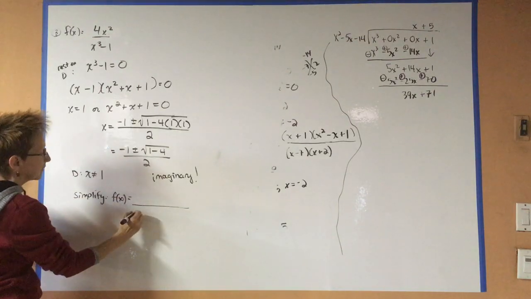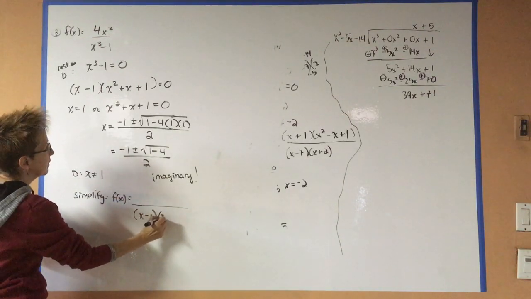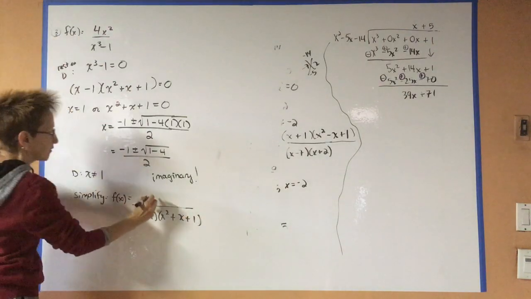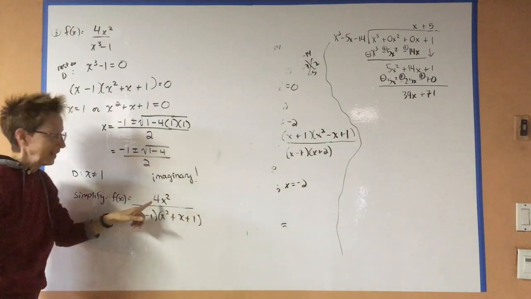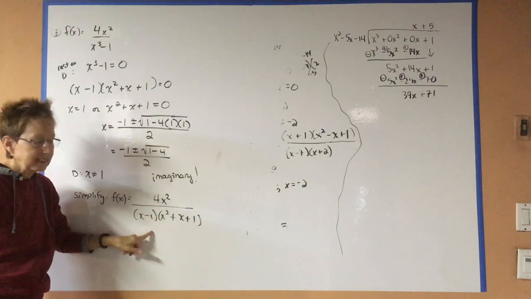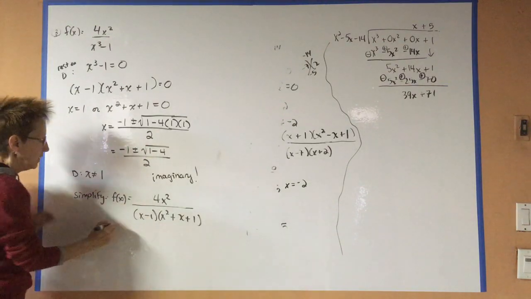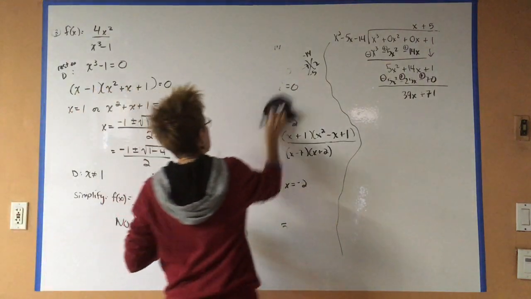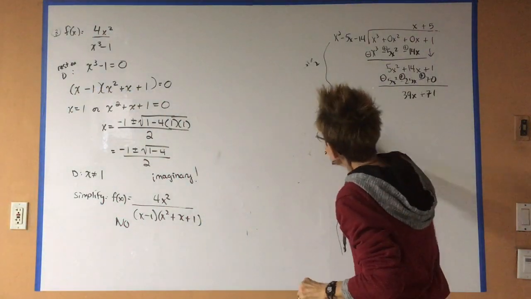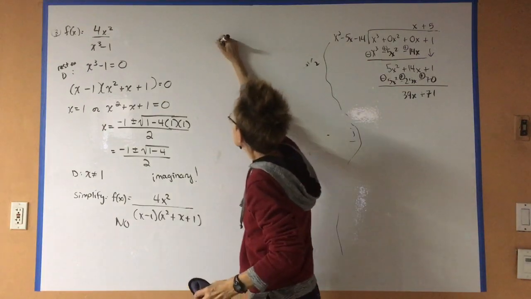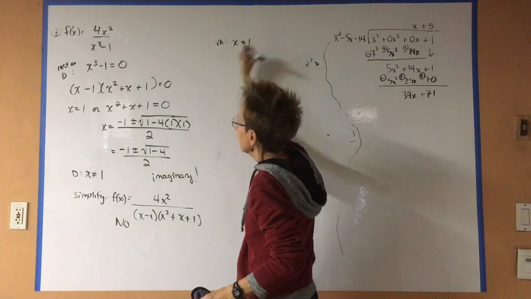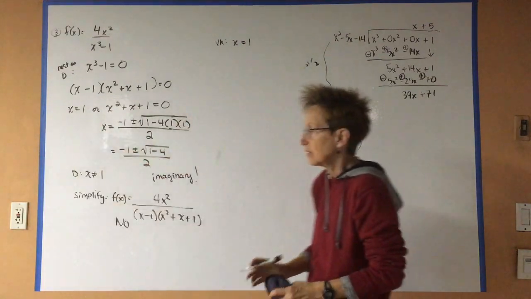We were able to factor the denominator into x minus 1, x squared plus x plus 1. The numerator is just 4x squared. There's nothing I can do to factor that. Is there anything that I can cancel? No. So no simplification. So that means that my VA is x equals 1. The restriction on the domain, x equals 1.